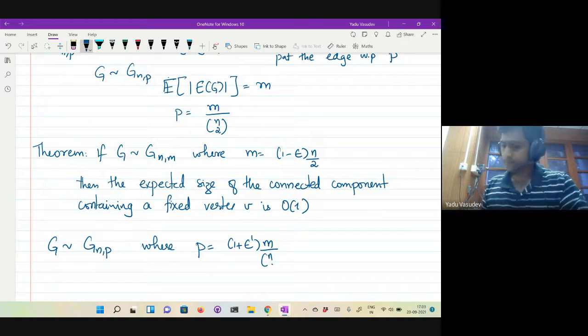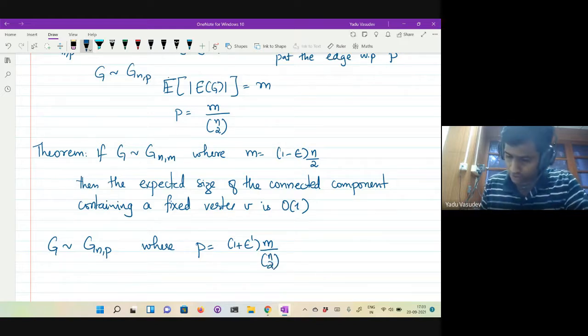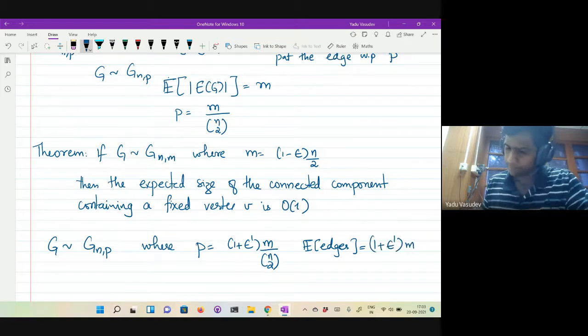It's very similar to what we actually want, so that the expected number of edges would be something like (1 plus epsilon prime) times M.